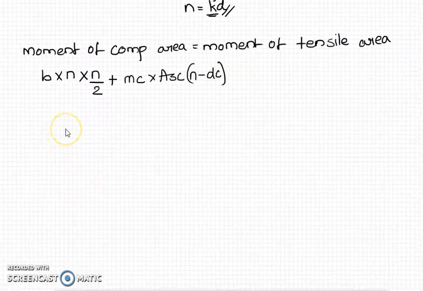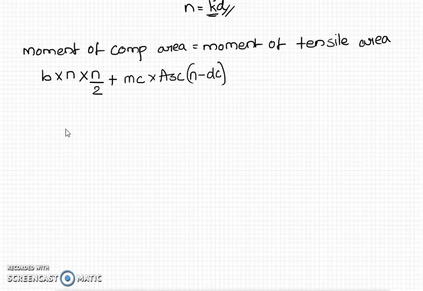So we write it as MC into ASC into N minus DC. Now this is the total area. So from here we will have to minus the same area, that is ASC, area of concrete that is displaced. Because we put steel, a similar amount of concrete has to be removed. Okay. Now this will be equal to moment of tensile area.